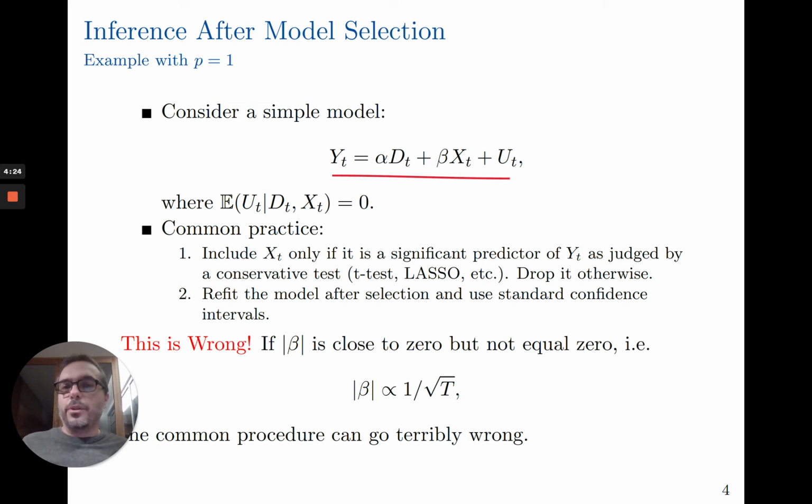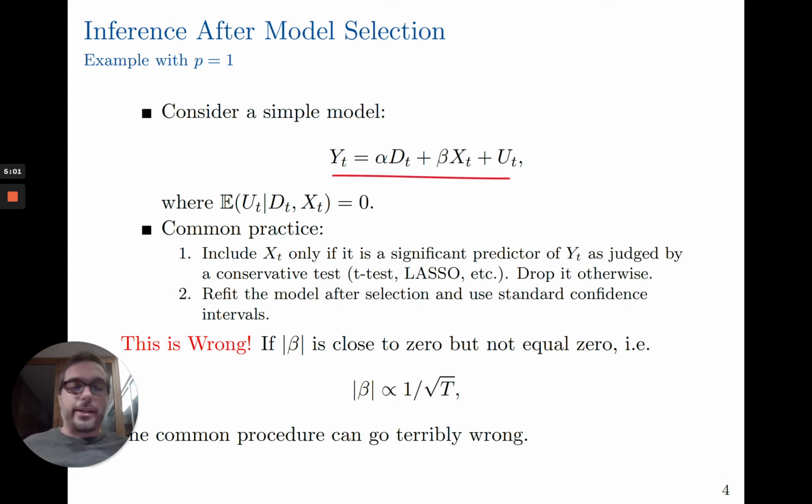Let's assume that once we control for d, the expected value of u given x is 0, and vice versa. Once you control for x, the expected value of u given d is 0. So if we correctly specify the model, we can assume that d and x are weakly exogenous, and these alpha and beta represent the causal parameters. We're in a very simplified model.